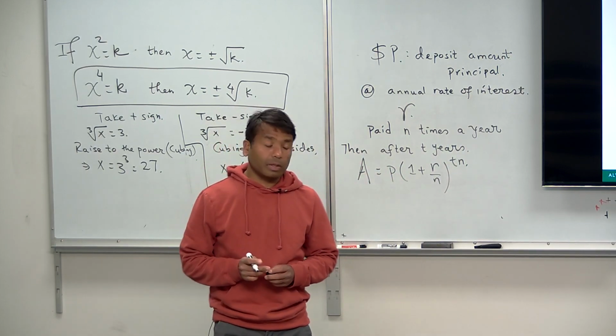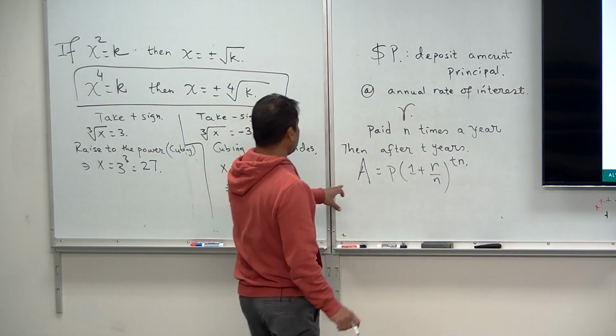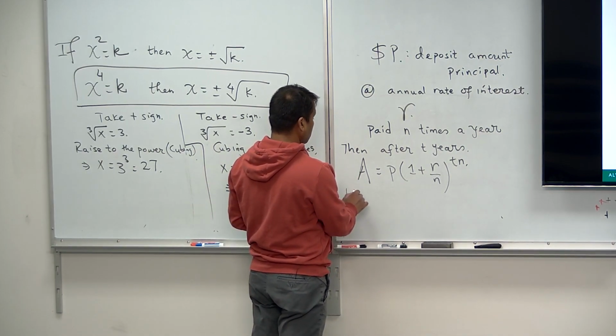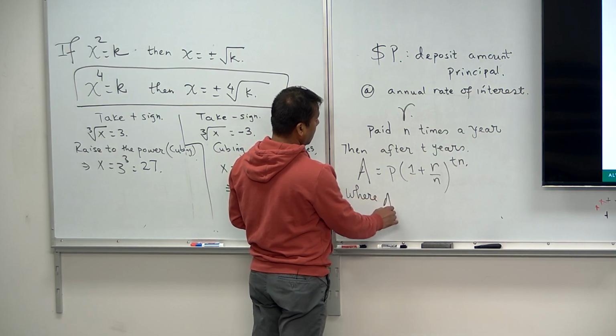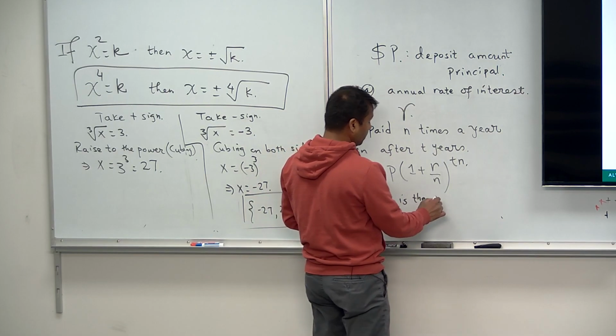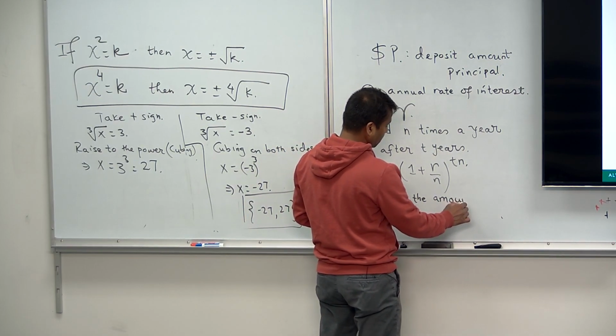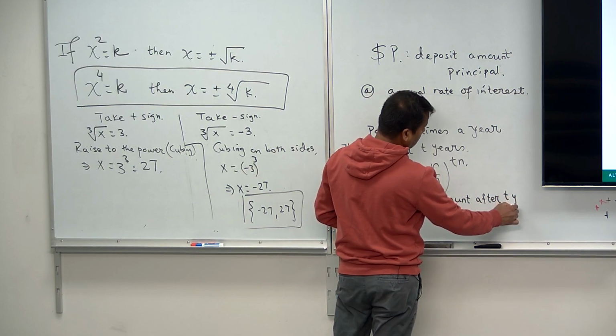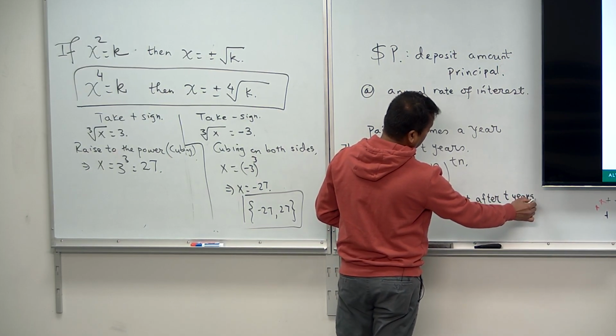So this is the formula, where A is the amount after t years.